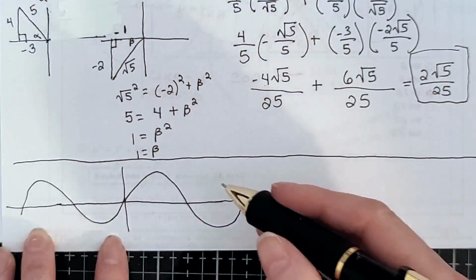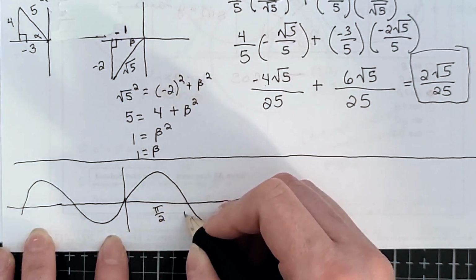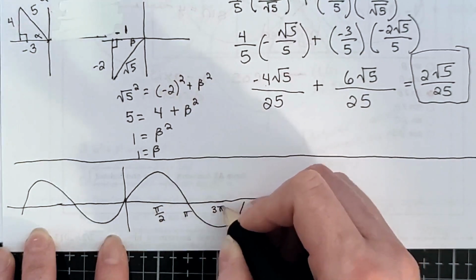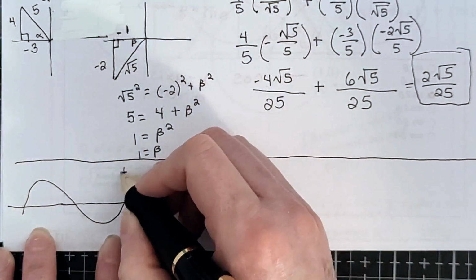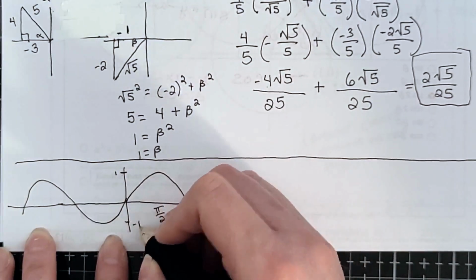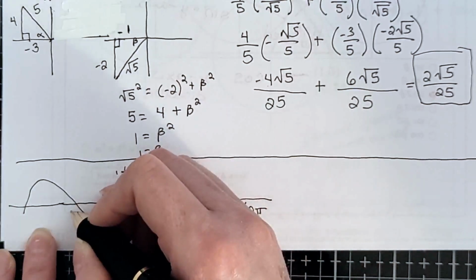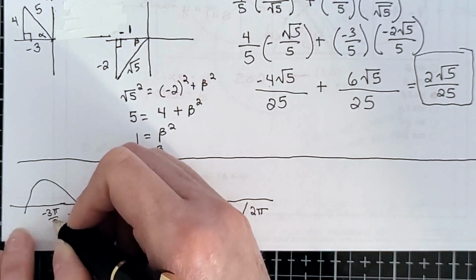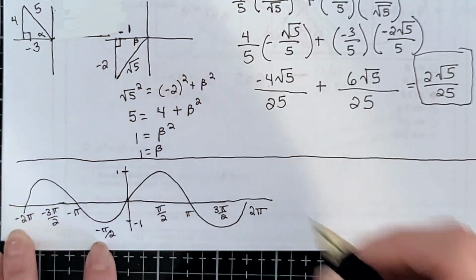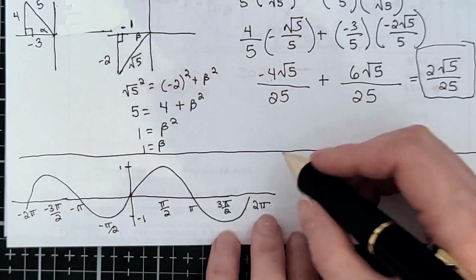So pi over 2, pi, 3 pi over 2, 2 pi. Of course, this would be 1 and negative 1. Negative pi over 2, negative pi, negative 3 pi over 2, and negative 2 pi. Okay, so I just have the normal sine graph.